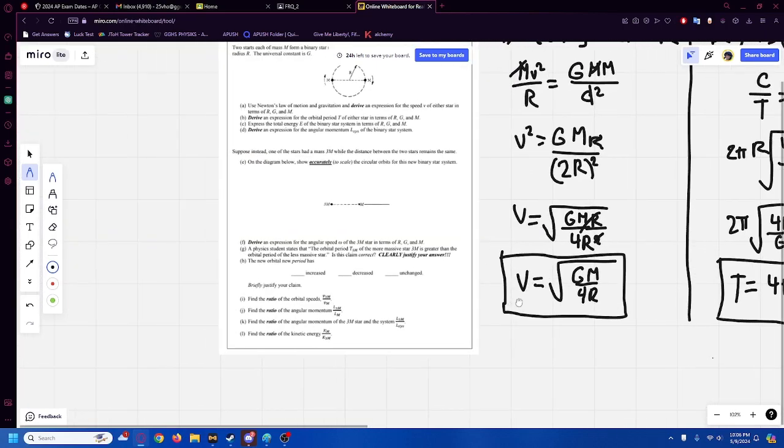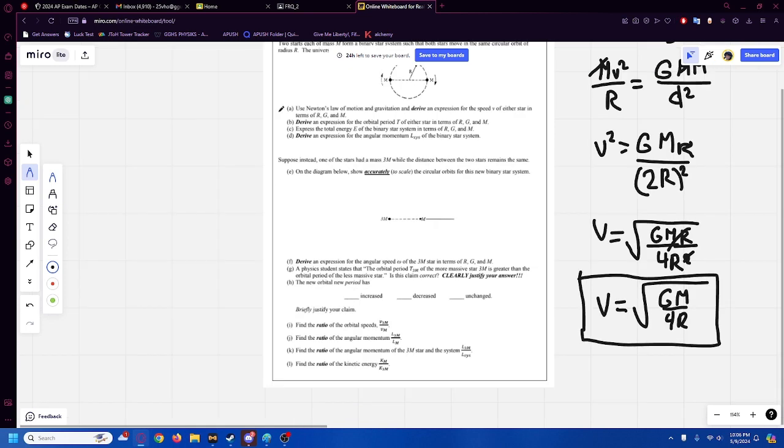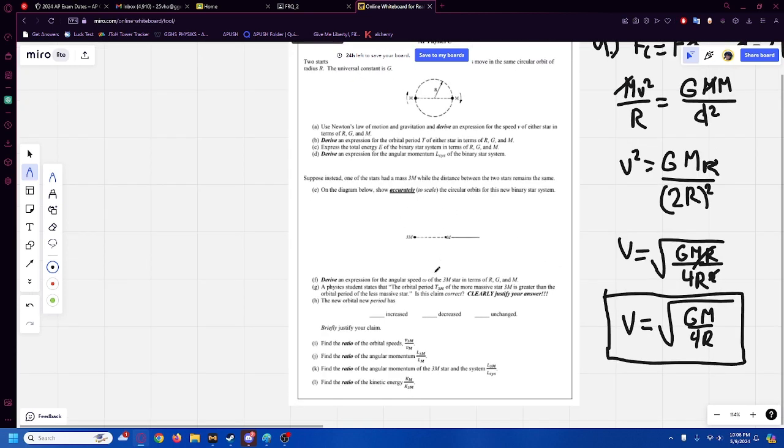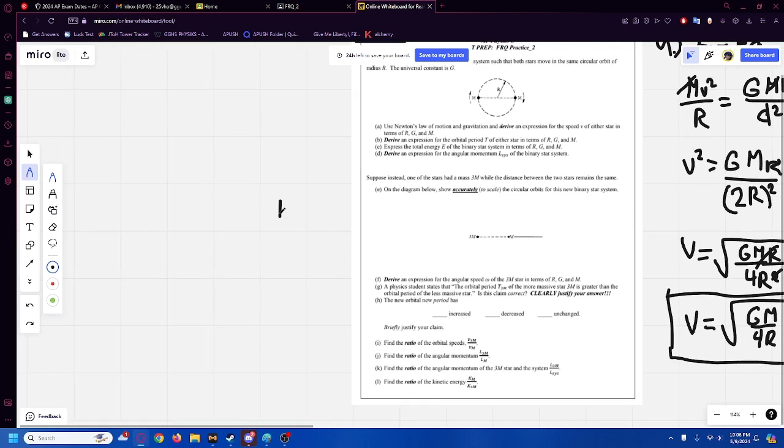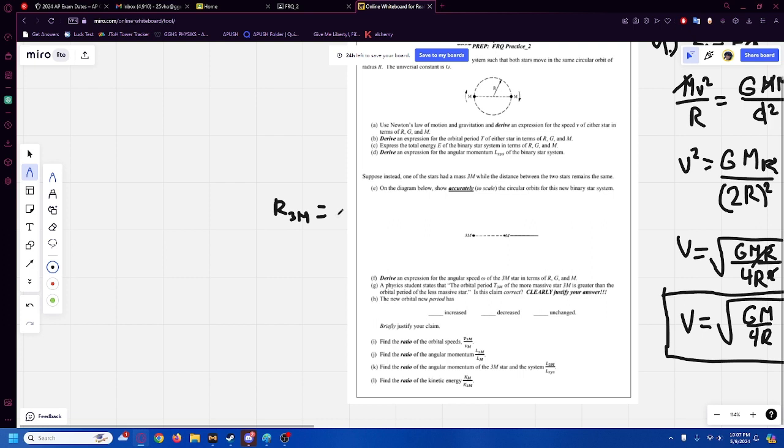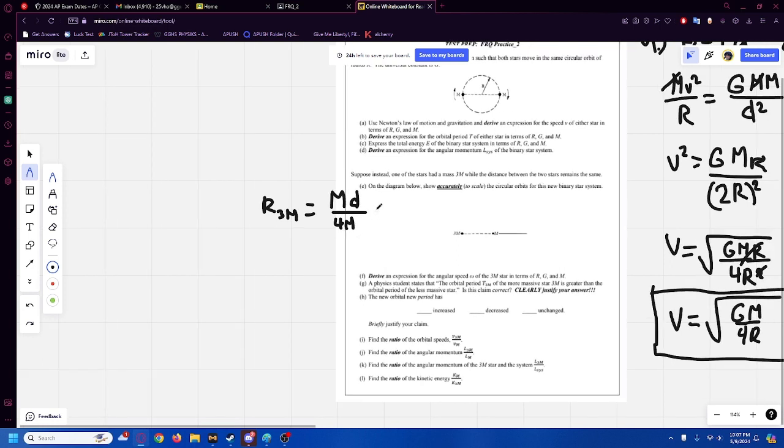Part E is asking for the new orbits. So the radius from the center of mass to the planet 3M is equal to md over 4m for m total on the bottom, and is equal to 0.25 d.